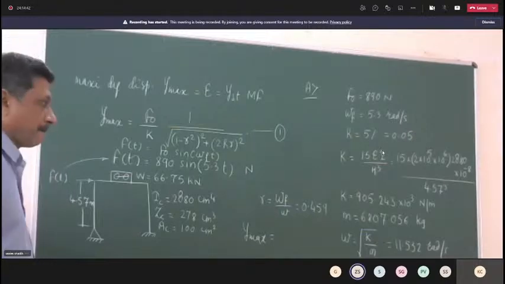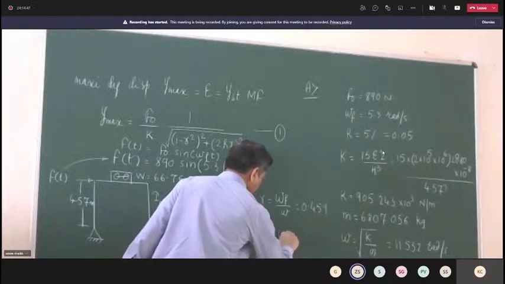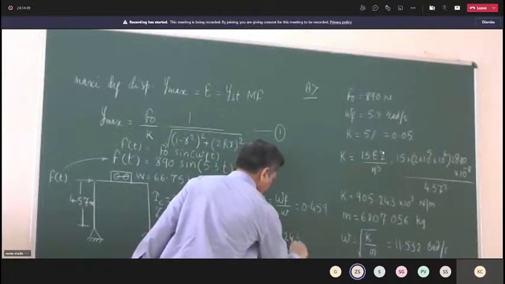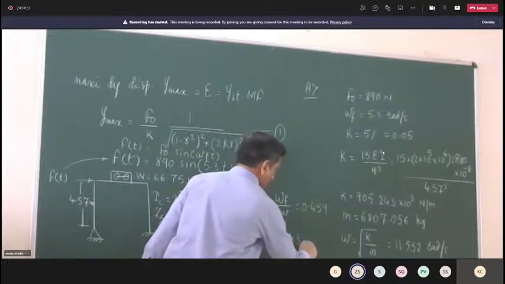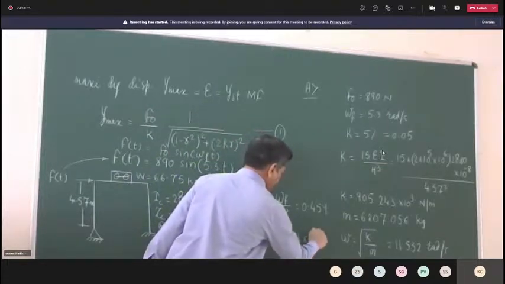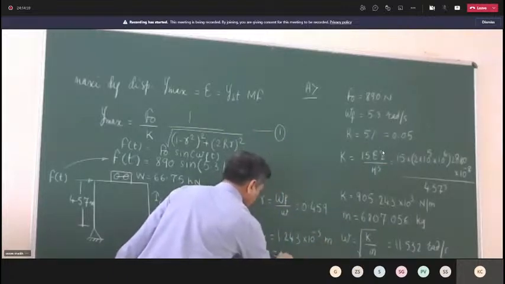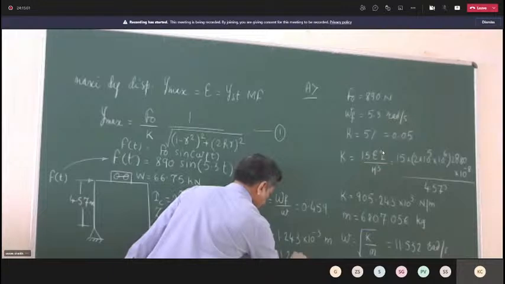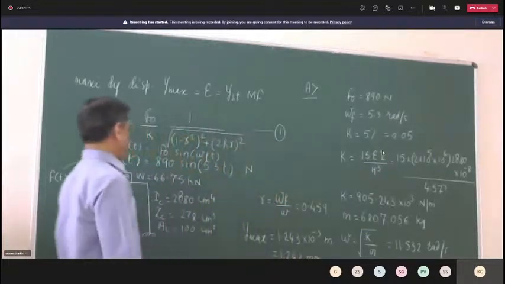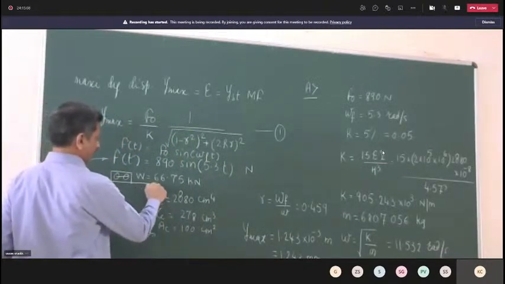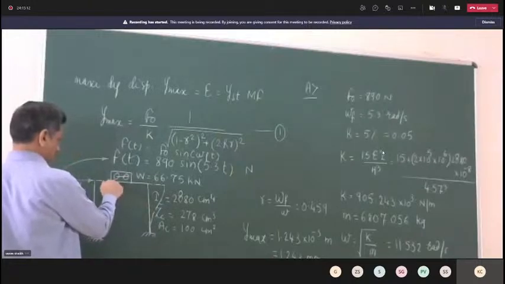It is 1.243 into 10 raised to minus 3 meters, or you can say 1.243 mm, is the maximum deformation y max of both the columns.